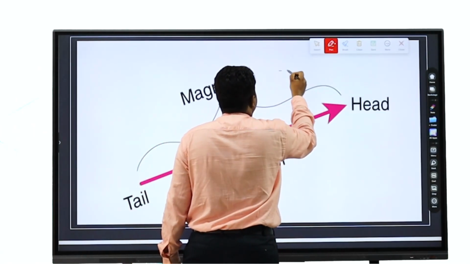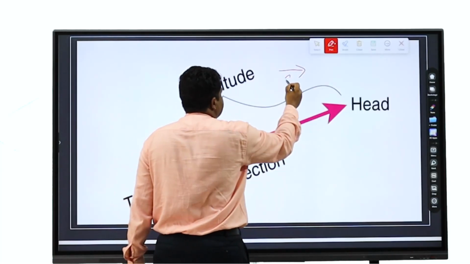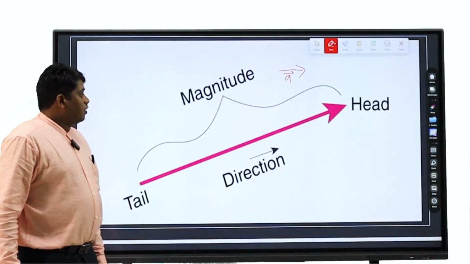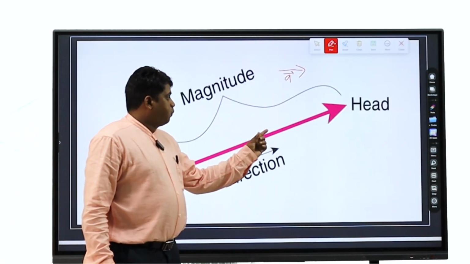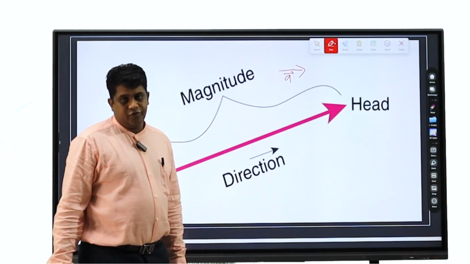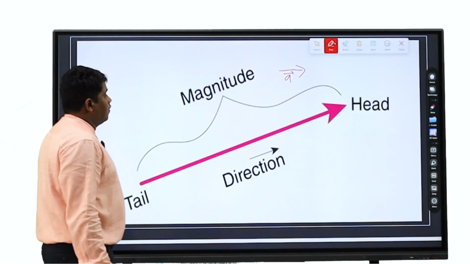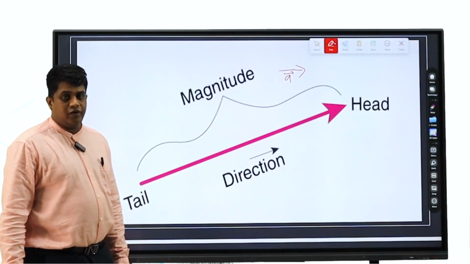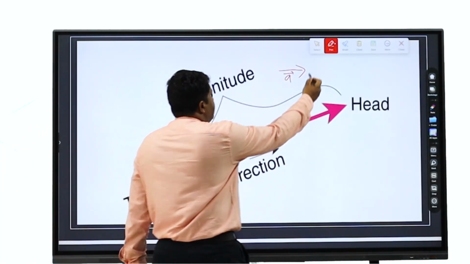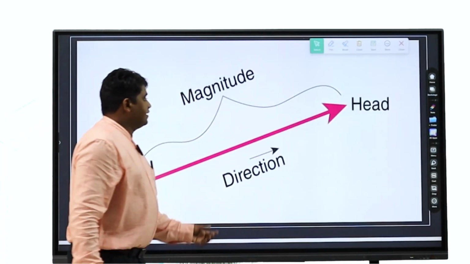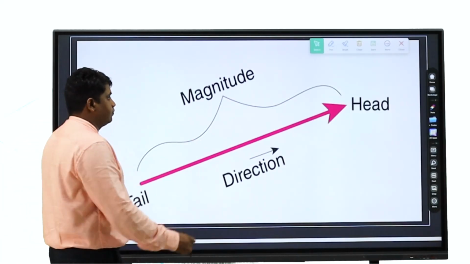Let this be vector A, and the direction in which the arrow points is the direction of that vector. Similarly, the length of it is the magnitude of the vector. That is the magnitude and direction of the vector, and we represent the vector using an arrow.